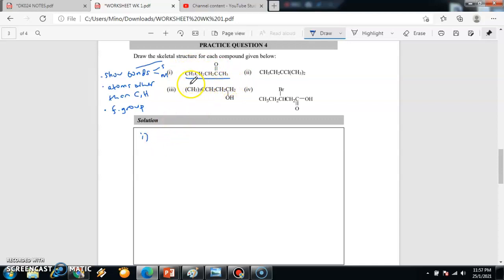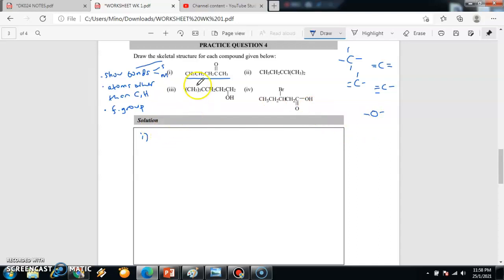But we already know daripada previous question yang kita buat, carbon ni dia boleh buat maksimum 4 bond. 4 tu boleh jadi 4 single bond, ataupun 1 single bond dan 1 double bond, ataupun 2 double bond, atau 1 single and 1 triple bond. Hydrogen pula boleh buat satu bond sahaja. Oxygen can make up to 2 bonds maximum.